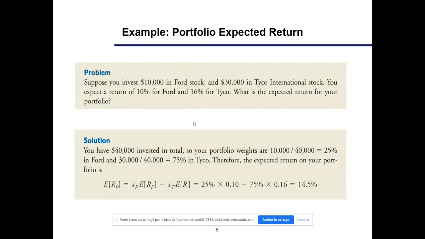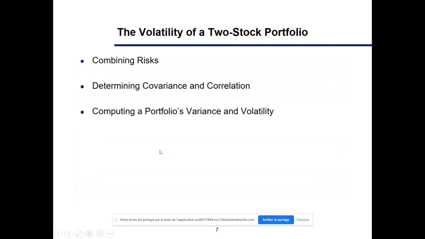However, what is the risk of this portfolio? And we're going to learn now how to measure the volatility of a two-stock portfolio, how we combine the risk of the two risky stocks in the basket, how we compute the portfolio variance and volatility.